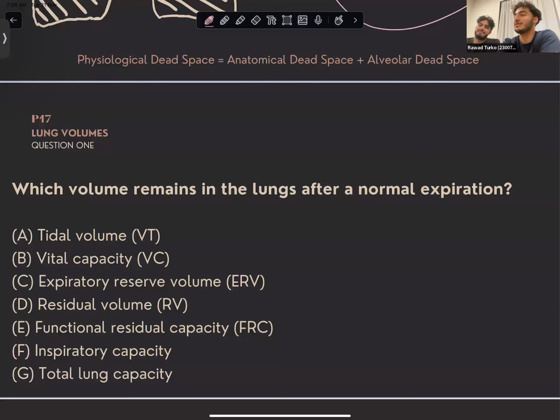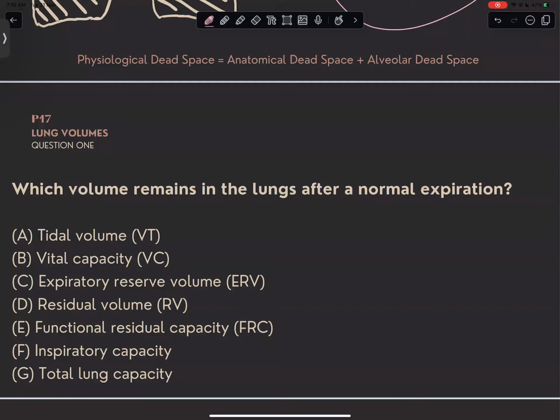So Malak, why do you think it's B? Actually, I didn't calculate it, but I think it's E. I changed my answer. Okay, bold. When would it be B, do you think?